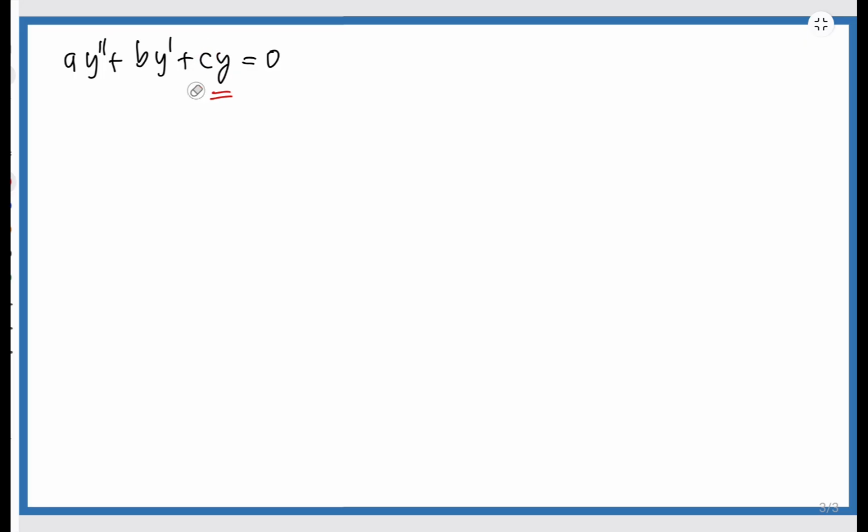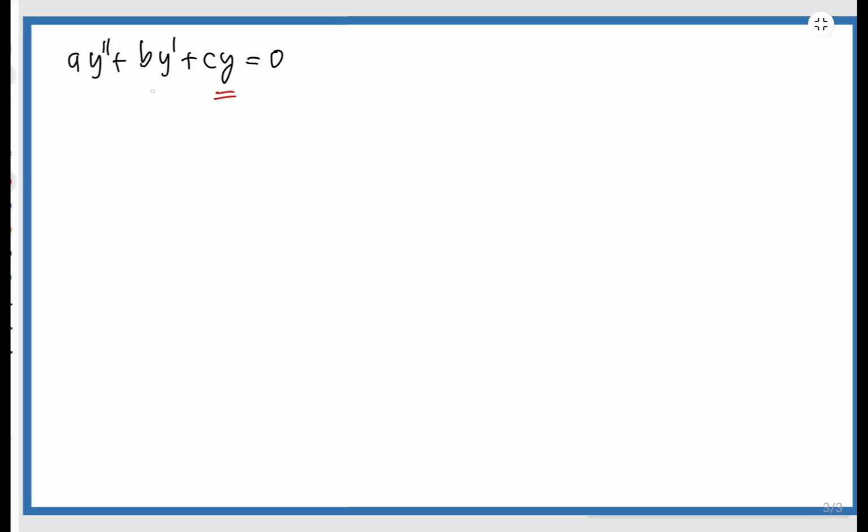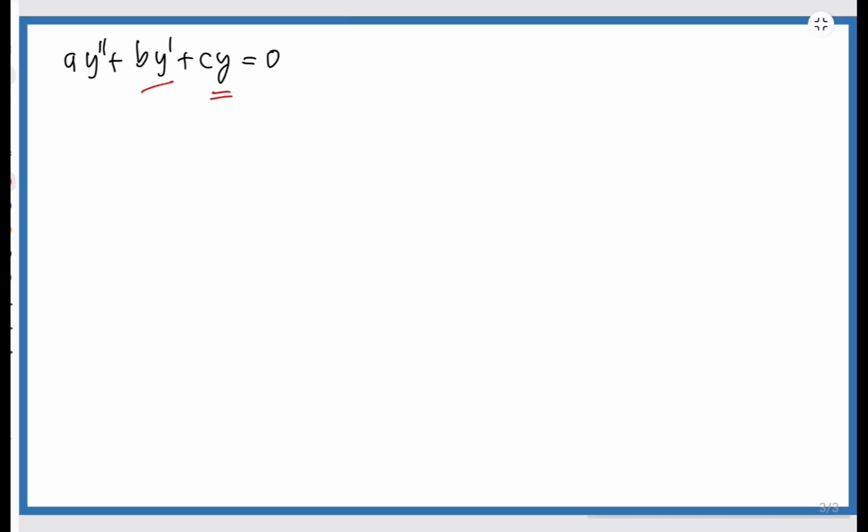If we are to combine that function with its first derivative, when we combine, we mean we add or subtract. So when we combine that function, a constant multiple of itself, with a constant multiple of its first derivative and a constant multiple of its second derivative, it's now equal to 0.